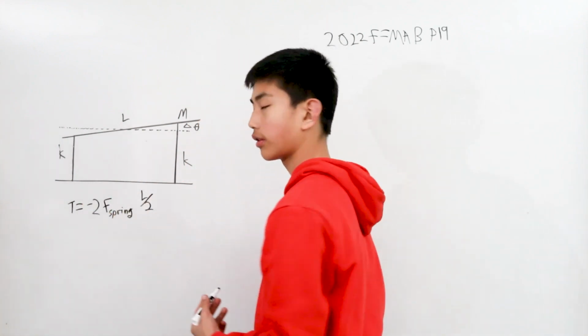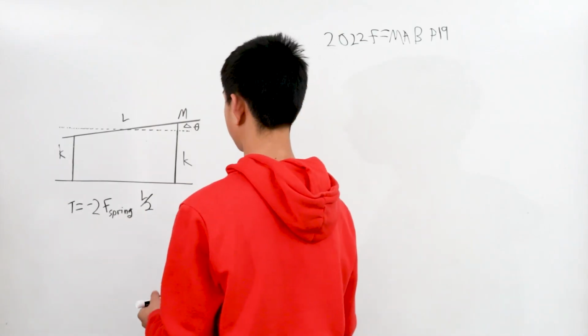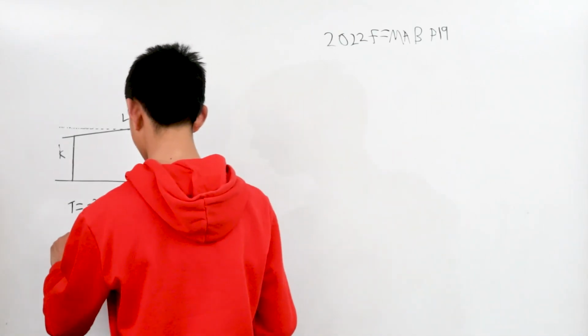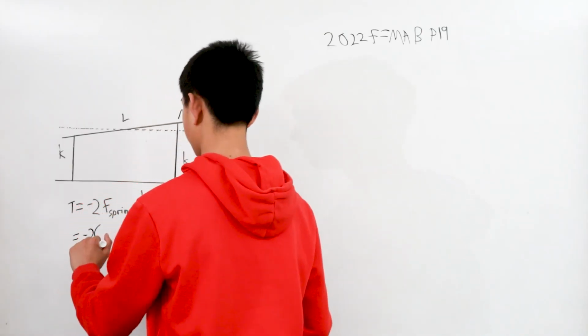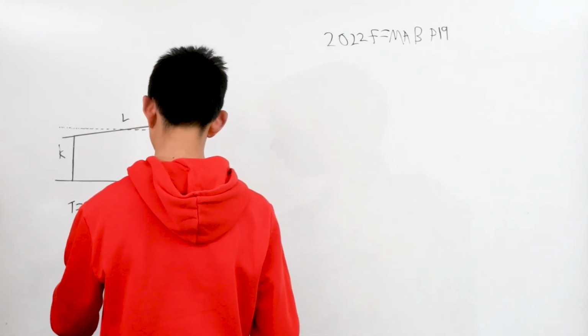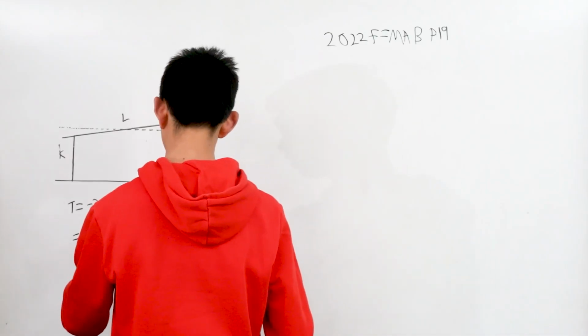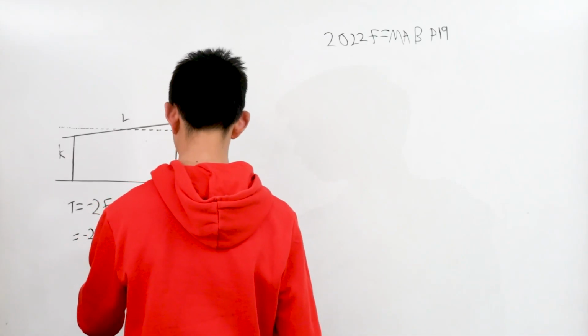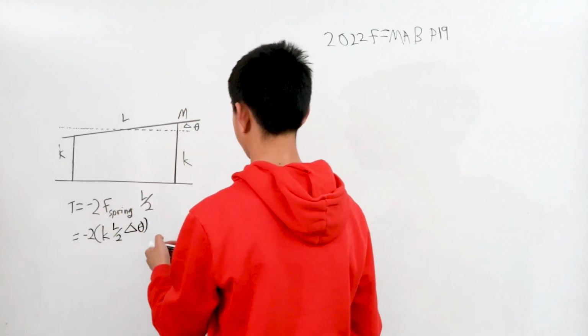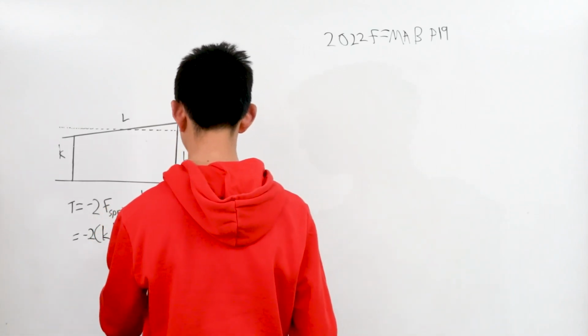We can calculate the force of the spring, so we can equate it down here. This is -2 times one of the spring constants K, L over 2 times delta theta. And then you multiply this L over 2 on the outside.